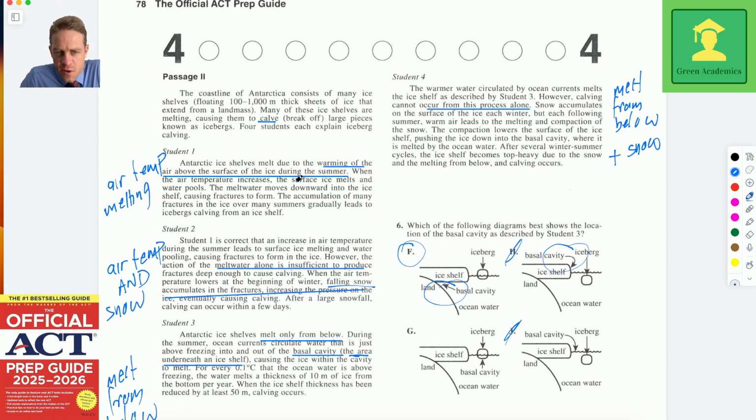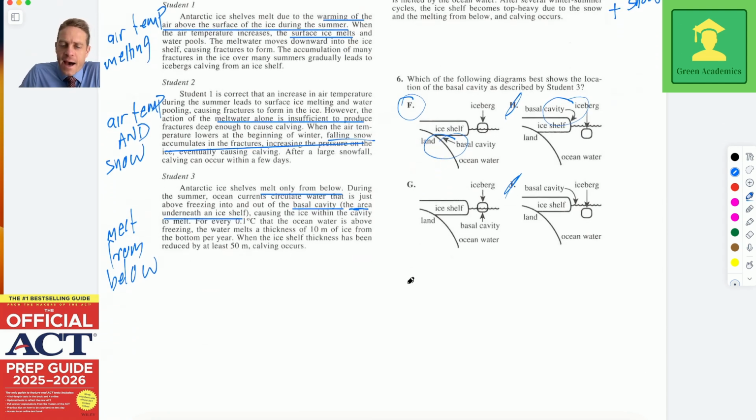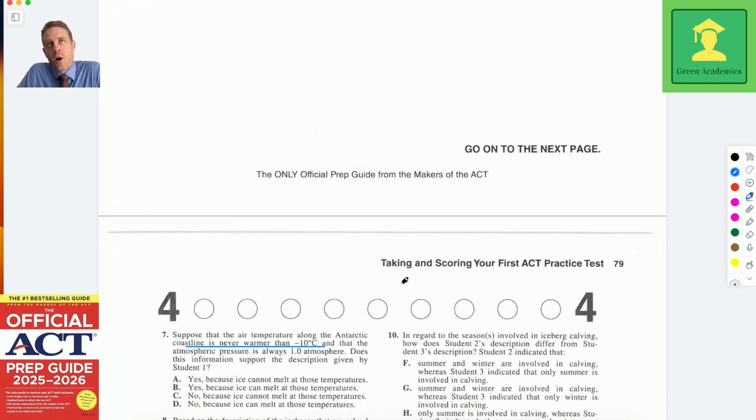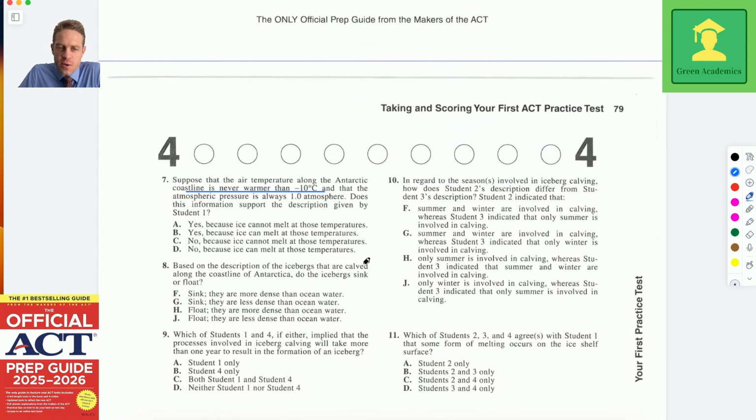When the air temperature increases, the surface ice melts. But of course, water melts at 0 degrees Celsius. So if it was never warmer than this below freezing, then it could never actually melt. So does it support the description given by student 1? Well, no, obviously not, because ice cannot melt at those temperatures. Sure.